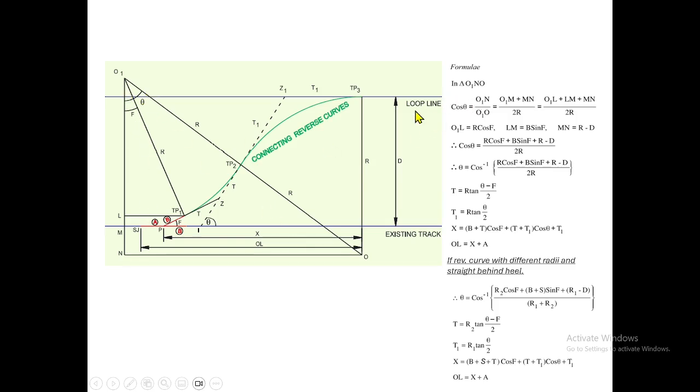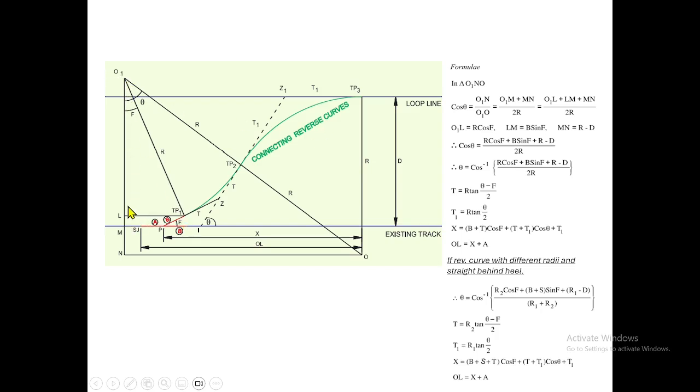Okay. So that O1 N, we can break into O1 L, L M and M N. And as far as the hypotenuse is concerned, R plus R, 2R.